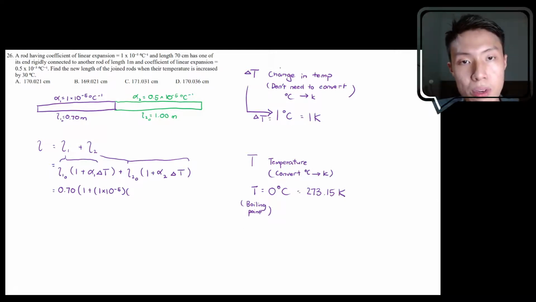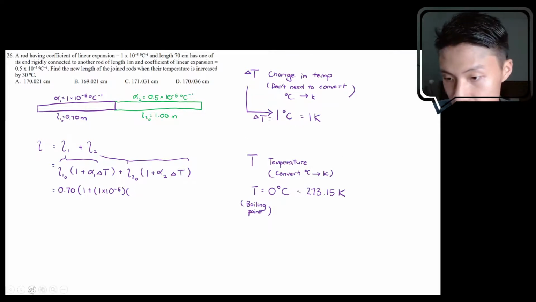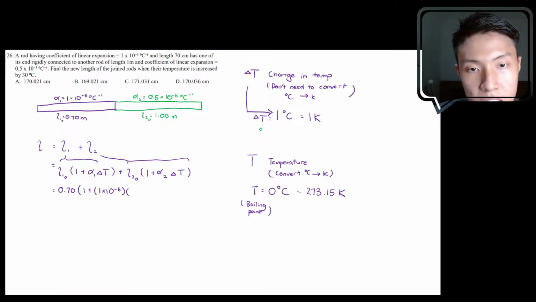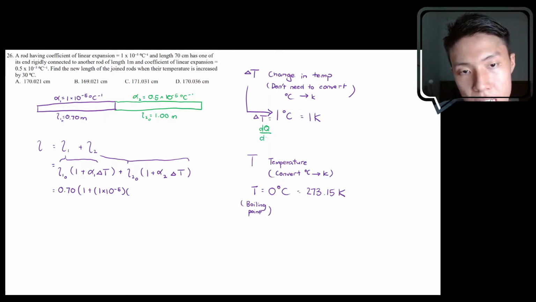So some examples: if you are dealing with, let's say, heat conduction, let me write it as an example. Heat conduction dQ over dt is equal to negative kA dT over dx.